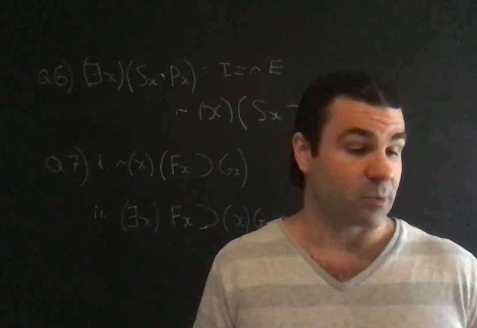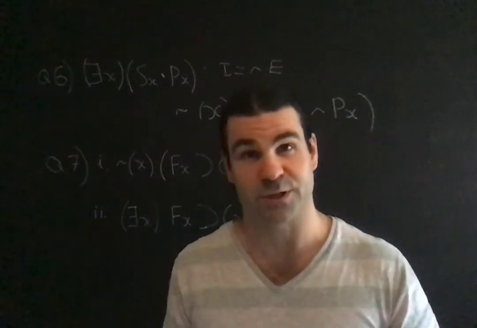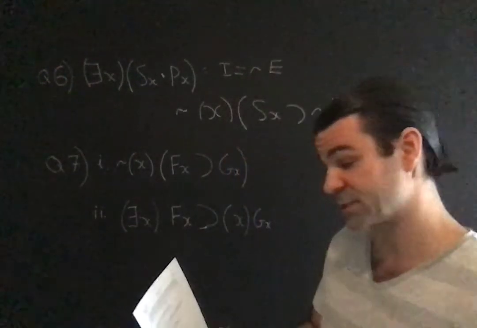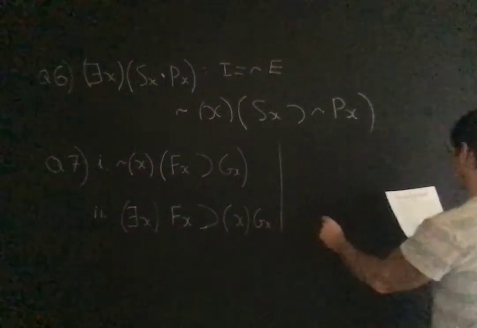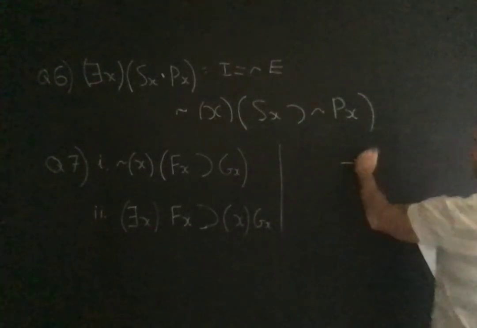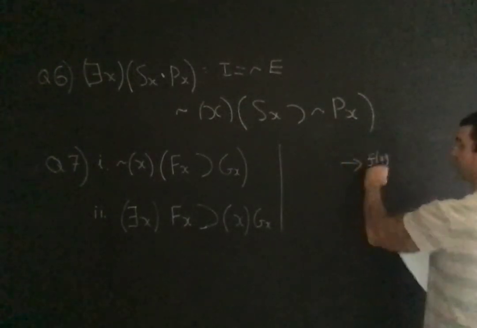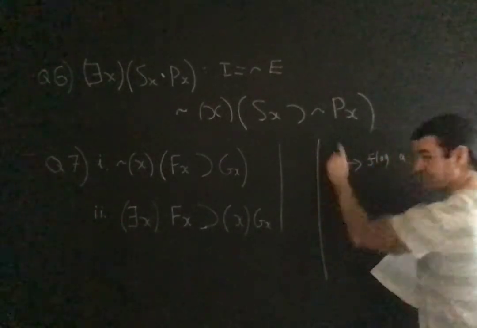Question 8, state the following rules symbolically. Know the rules, know which ones are the flag rules and which are not flag rules. This, in the practice exam here, asks you for universal generalization. That's a flag rule. That's the hardest of the hard rules, right? So in giving the symbolic representation, you write flag A. That's the main line.